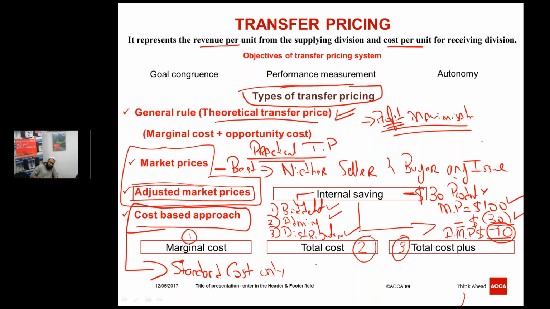That is, if the seller is selling to the buyer at marginal cost, variable cost, quickly just type here, do you think that the seller will earn any sort of contribution or in fact profit, or the seller will have a loss?